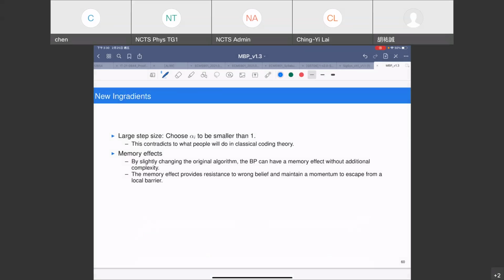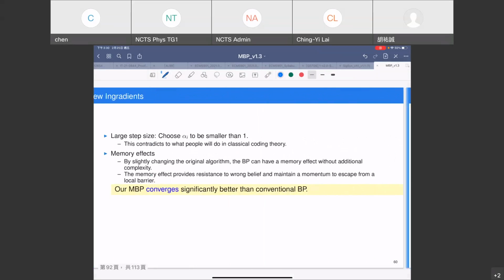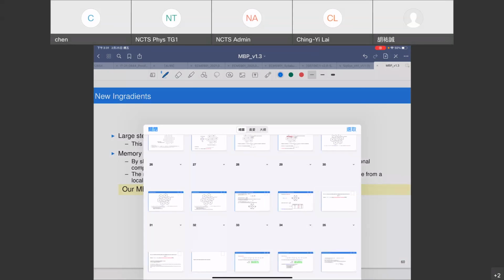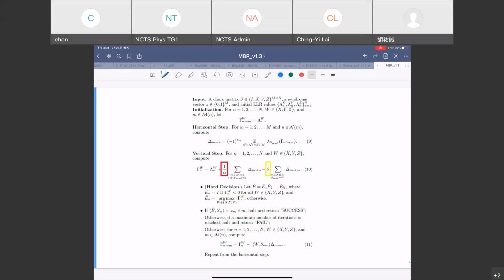So this algorithm has some memory effects. This memory helps you to converge. I don't have time to explain the details, but our algorithm called MBP will converge significantly better than the conventional BP. So this is our new algorithm. We have these two additional terms.